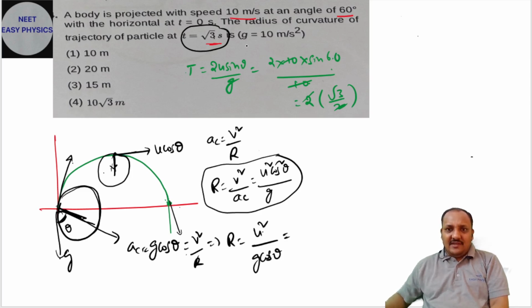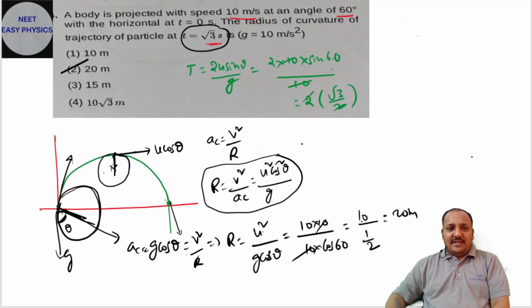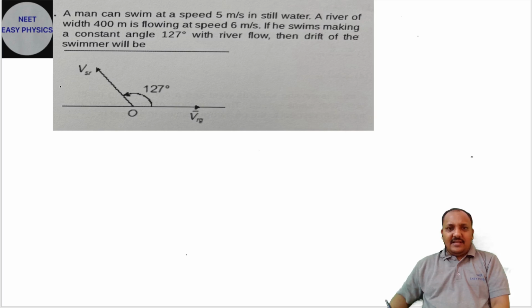What is u they gave here? 10. So 10 into 10 by 10 cos 60. The 10 will be cancelled. Cos 60 value is 1 by 2. Then 20 meters. Correct? 20 meters.